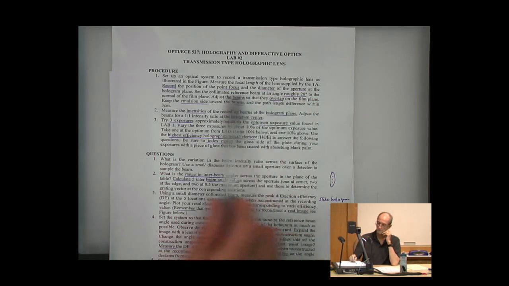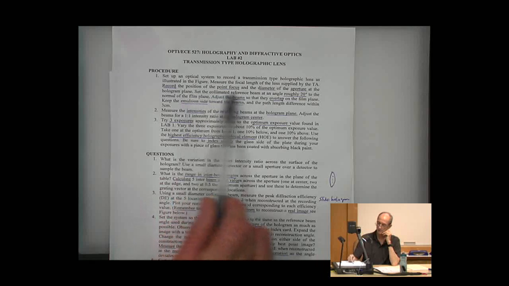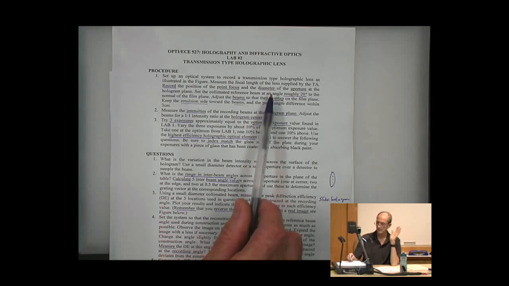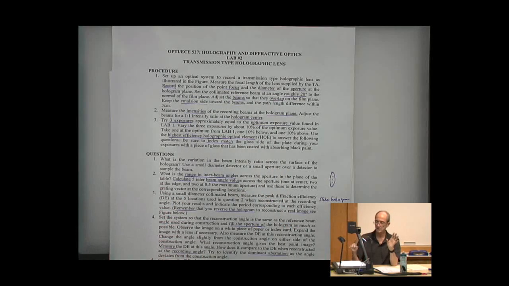I want you to examine the lab setup and learn it. It's good experience to get a little hands-on. Measure the diameter that you have at the aperture. You don't want it too big, so you overfill, but you don't want it too small, because I want you to do some measurements within that aperture.